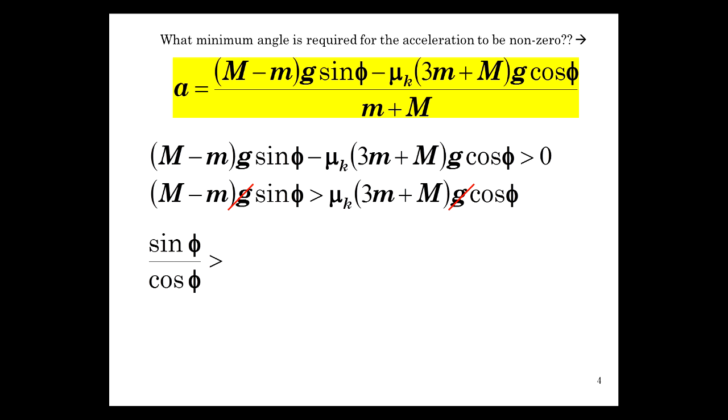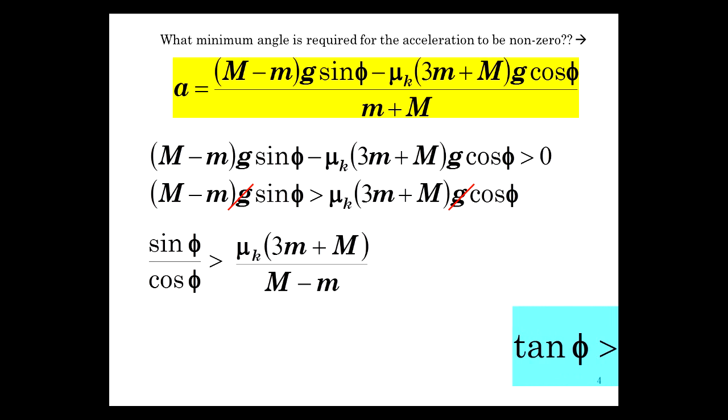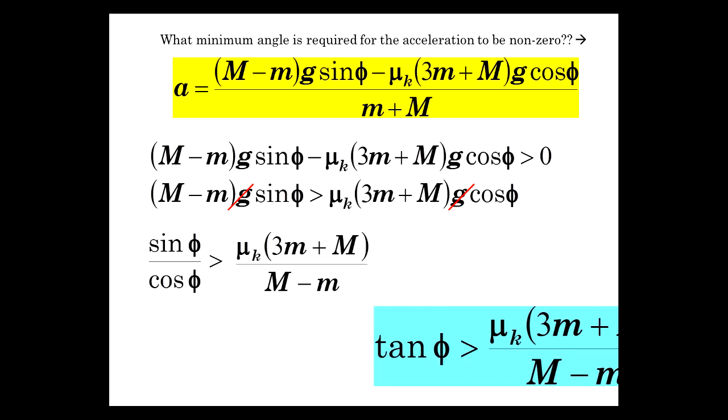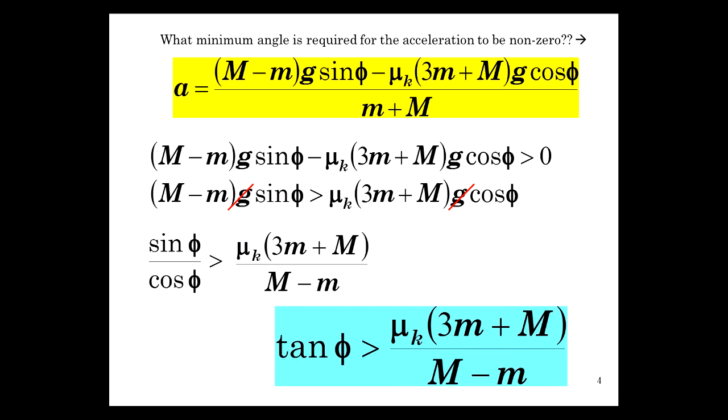Sine of phi over cosine of phi is the ratio of what's left. Mu k, 3m plus big M, divided by big M minus little m, which of course is tangent of phi. And this is the requirement on the angle so that it actually accelerates. How beautiful.